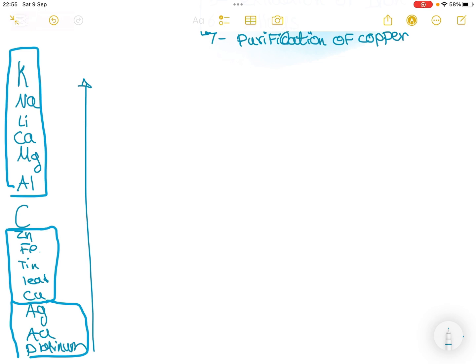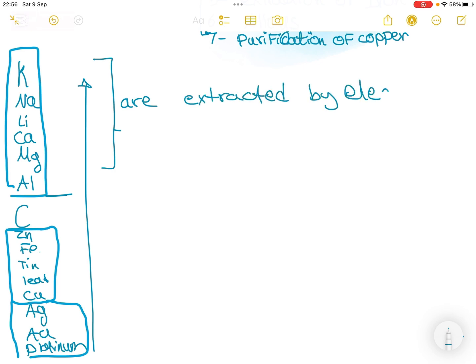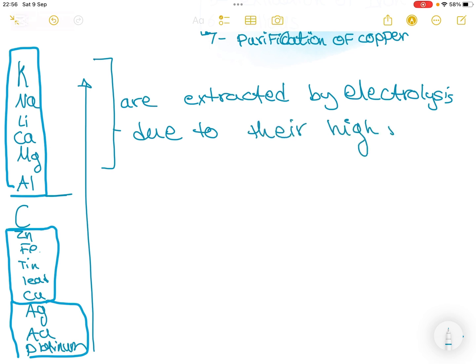That's why elements above carbon, which are potassium, sodium, lithium, calcium, magnesium, and aluminium, all metals above carbon, because of their high reactivity, are extracted by electrolysis.